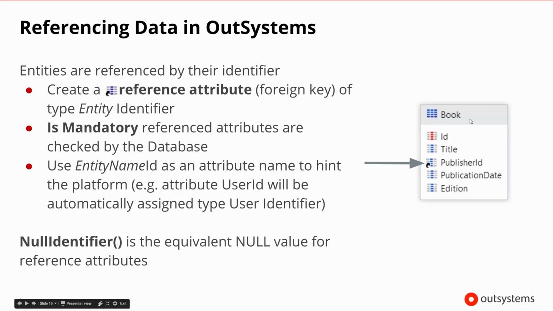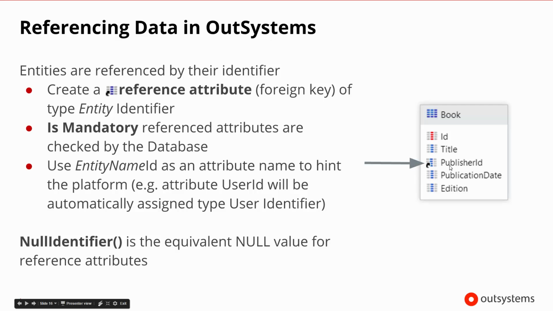So here the books have a title, a publication date, an edition, and the books have a publisher ID. There's a publisher that is an entity, and it's identified, and we know where those publishers are, and we know details about them. All those publishers have identifiers. So we can say that this book was published by a particular publisher by including the publisher ID, and then we have the relationship where we can navigate the relationship and get the information about the publisher of this book.